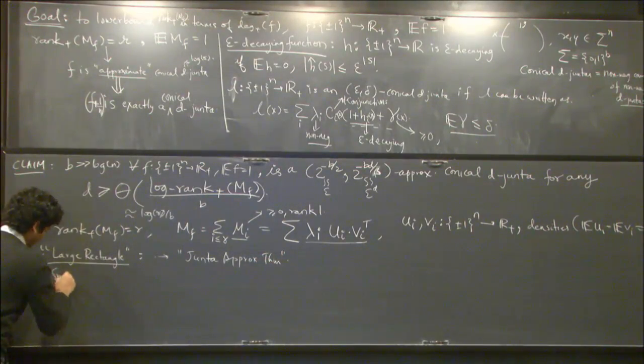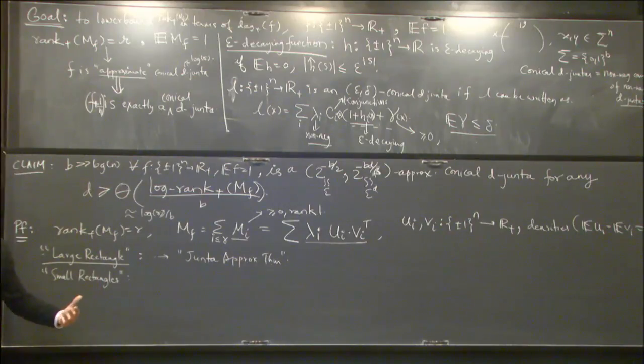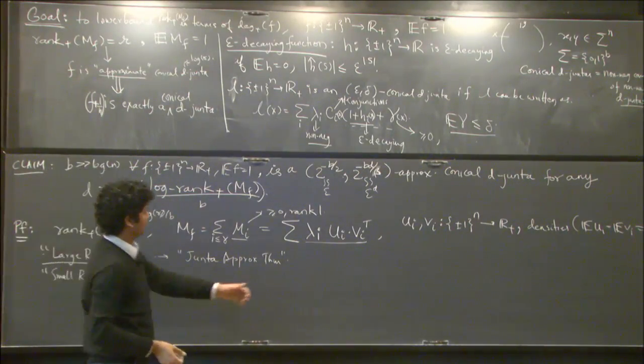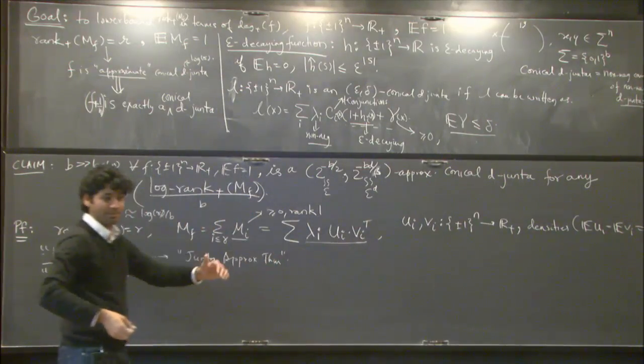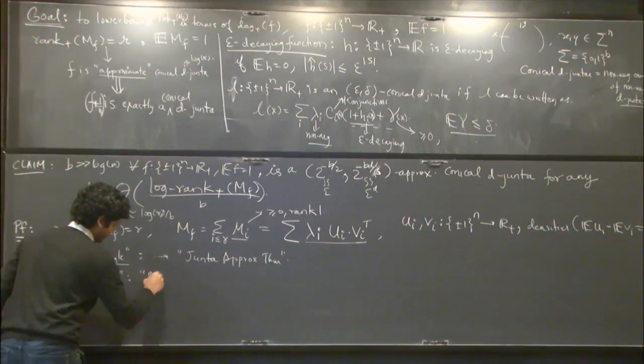And for small rectangles, I would be okay to call them error. In other words, absorb them into this epsilon to the d part, like the gamma part in my epsilon delta junta. So I would basically call them some errors.